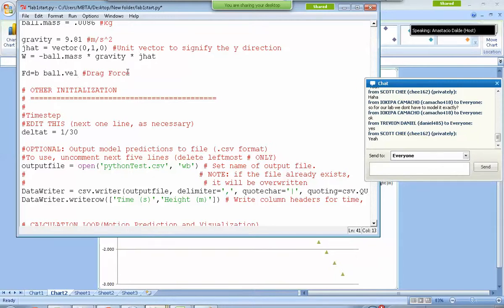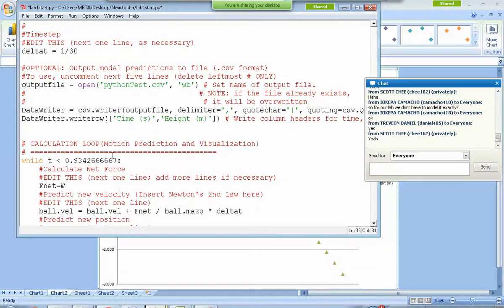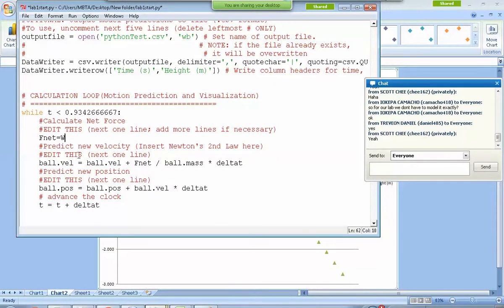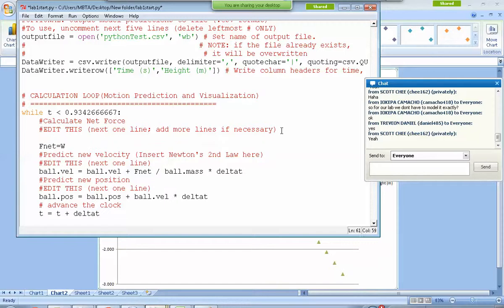Actually, I'm going to create this drag force within my loop. So my drag force is some value B times my velocity.